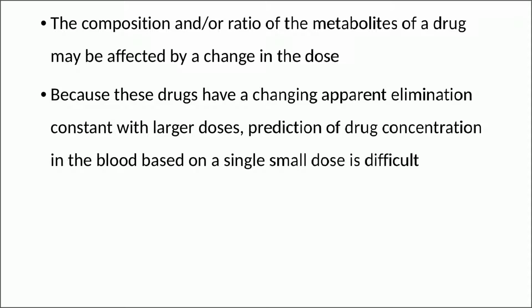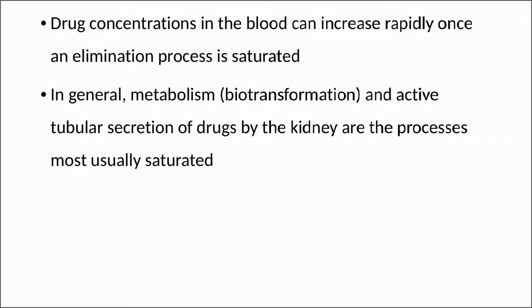So non-linear pharmacokinetics makes it difficult to estimate the concentration of drug in blood from a single small dose. The drug concentration in the blood can increase rapidly once an elimination process is saturated. In general, metabolism and active tubular secretion of drug by the kidney are the processes most usually saturated.